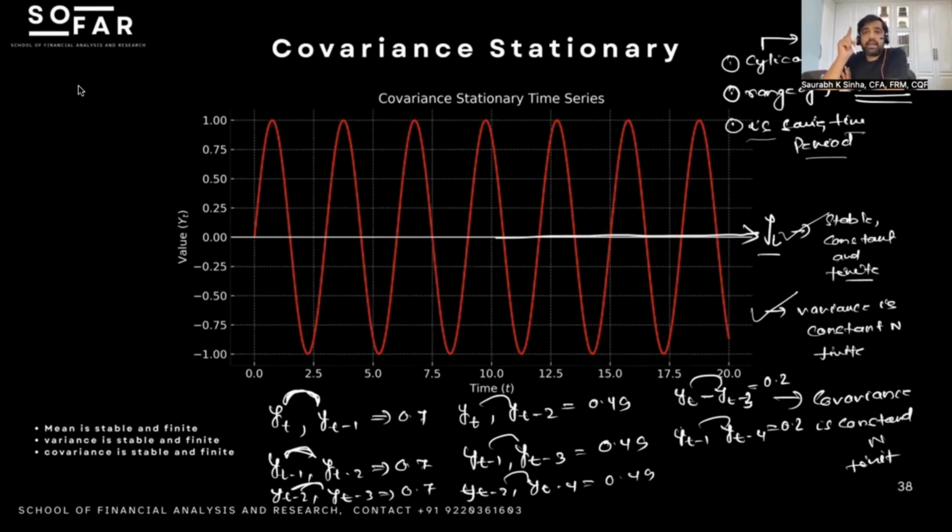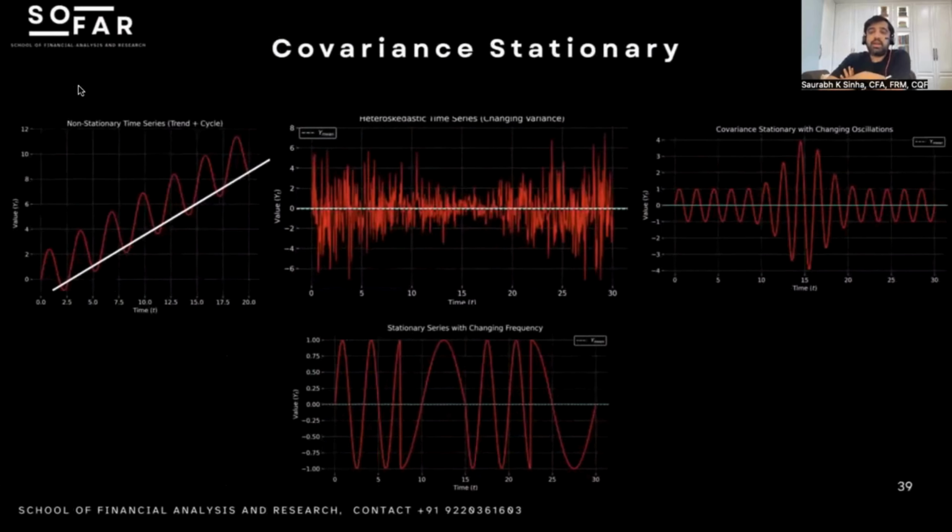Now, if your y does not follow this, then you cannot have your AR model, MA model, ARMA model, ARIMA model, or SARIMA model. Now tell me whether image 1 is covariance stationary or not.